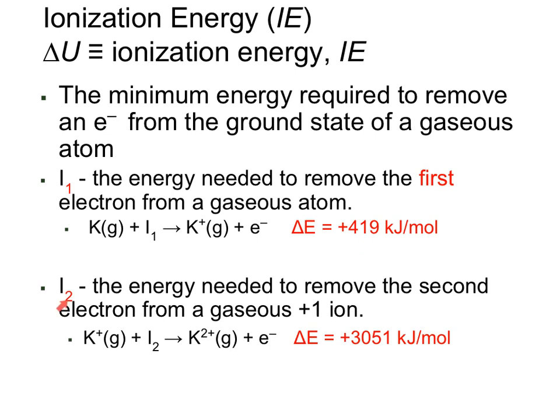IE2, the second ionization energy, would be the energy needed to remove the second electron from that plus one ion. And so here we have potassium ion plus that ionization energy 2, which would give us a potassium 2 plus ion. And we see that takes much more energy.